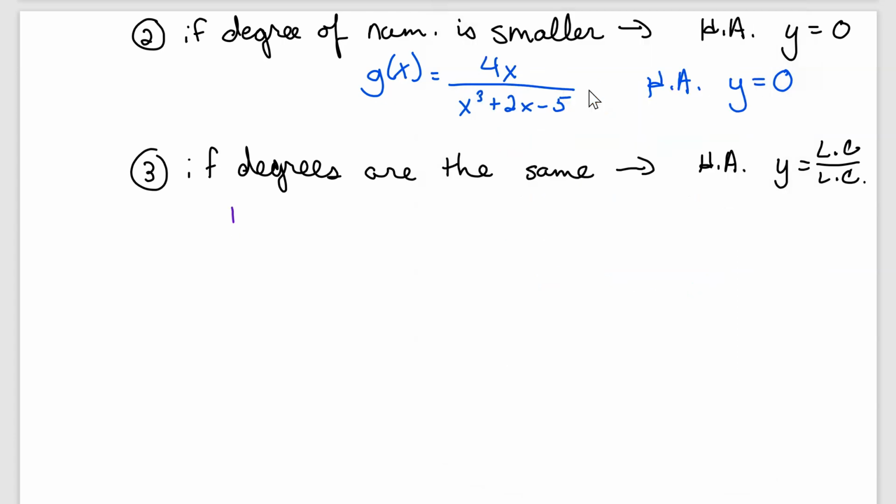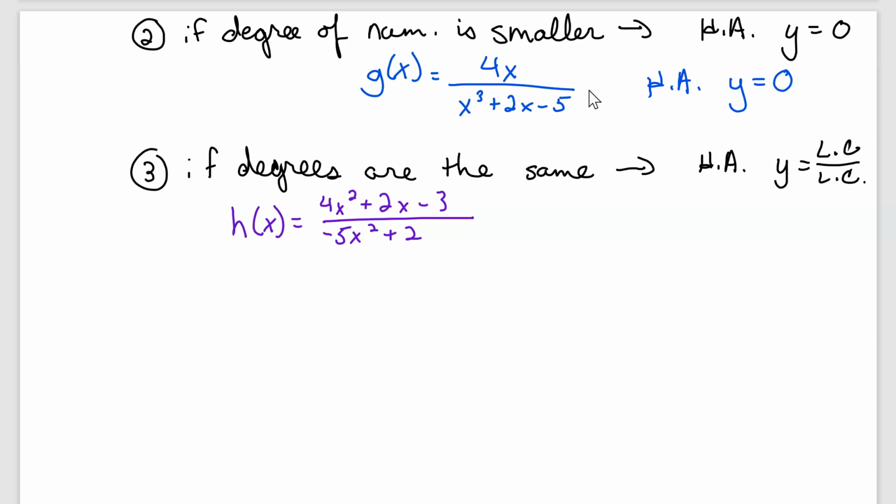So if I have h of x is equal to, we'll say, 4x squared plus 2x minus 3 divided by negative 5x squared plus 2, the degree of my numerator is 2, the degree of my denominator is also 2.